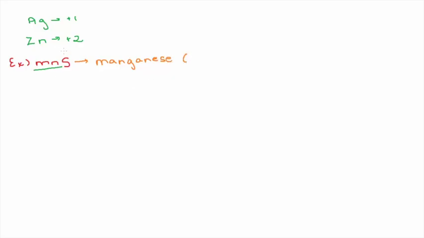Well, sulfur, if I look at the periodic table, has a -2 charge, which means that manganese, in order to cancel out this -2 charge, must have a +2 charge. And so I'm going to include as my Roman numeral just a 2. So it would be manganese 2 sulfide. Because remember, I had an IDE ending for my anion. And so that's all you need to do. So the only different thing that you need to do for metals of charges that you don't know is you need to include the Roman numeral for the charge.